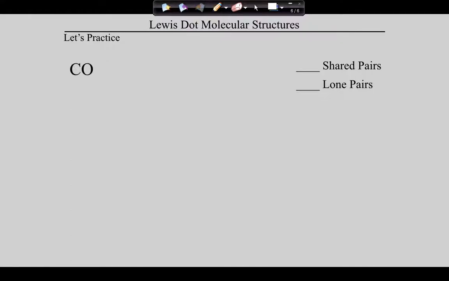Here we go. Carbon monoxide. Horrible stuff. So guys, we're going to draw the Lewis dot structure for carbon monoxide. We don't have a lot to put on the board.